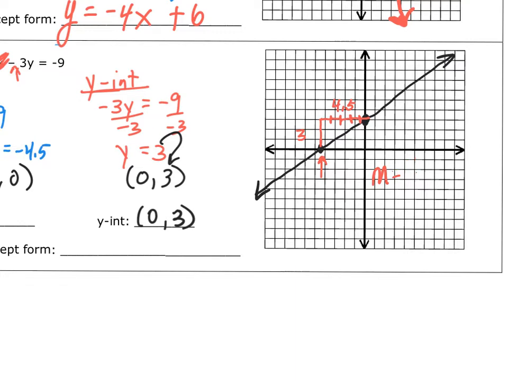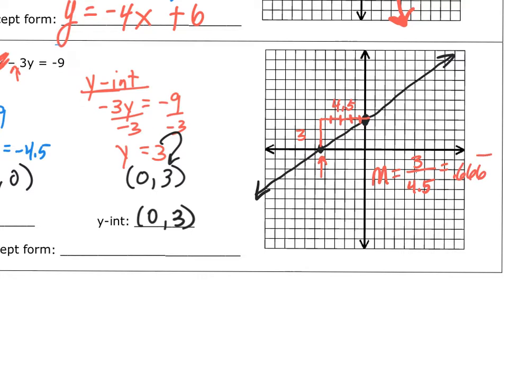So I know that my slope is 3 divided by 4.5. I almost did that wrong. Hold on, let me do it on my calculator real quick. You end up with 0.666 repeating.